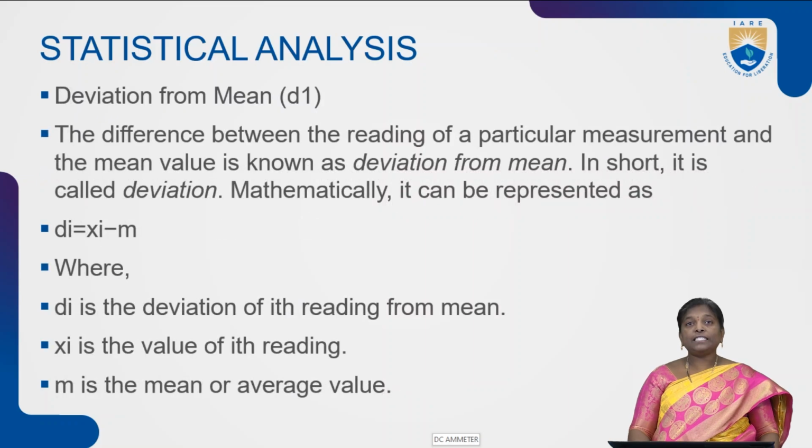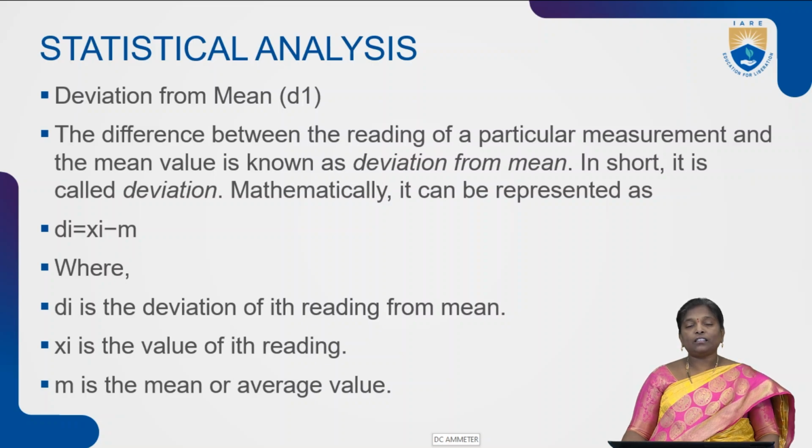And next one is deviation from mean. The difference between the reading of a particular measurement and the mean value is known as deviation from mean, or we can also call it as deviation. So, if you are taking the readings while doing the experiment, we are expecting the value as x1. Instead of x1, we are getting some other value like x1 dash.